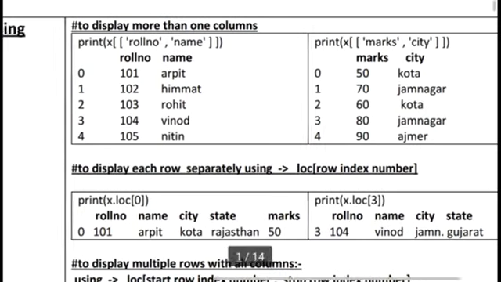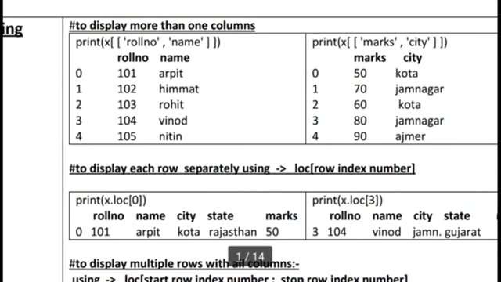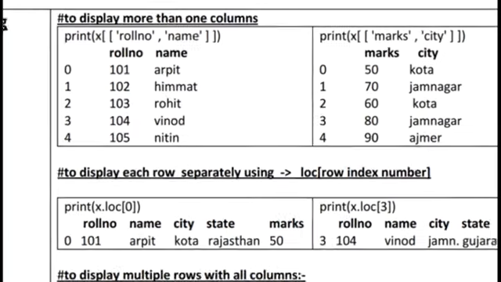Here I am using roll number, comma, name. Always keep in mind, when I want to access more than one column, always use an outer square bracket, then an inner square bracket, and in this inner square bracket we can use all the column names which we want to display. So here you can see roll number and name.